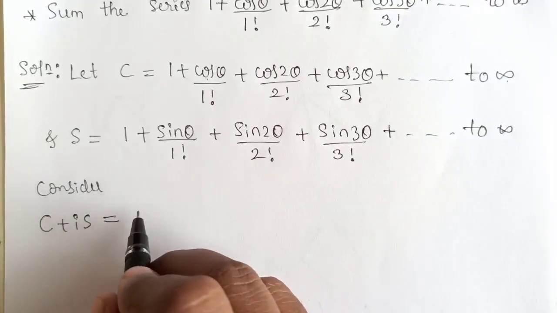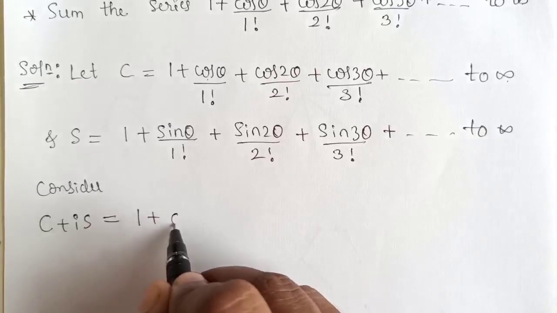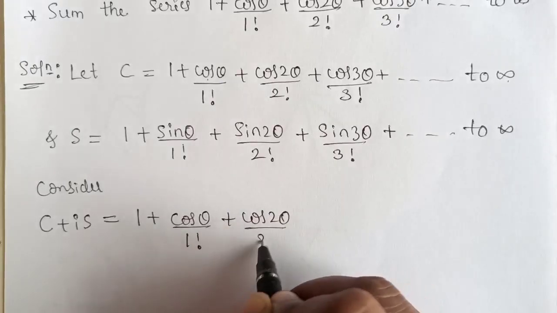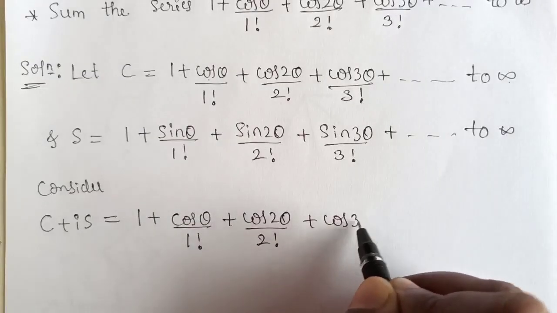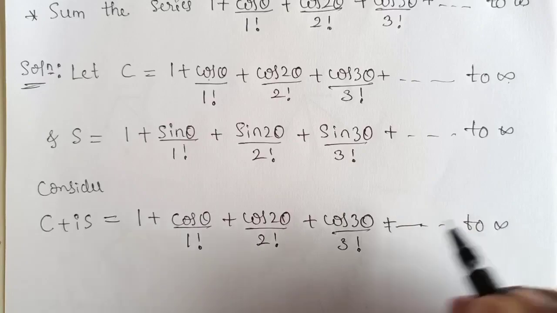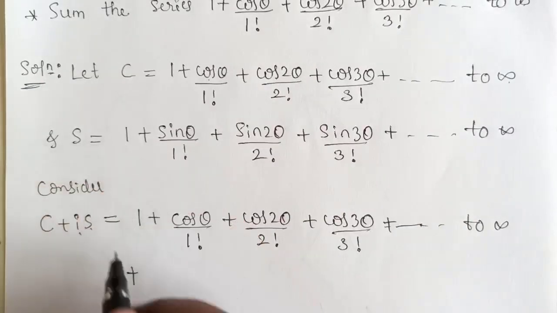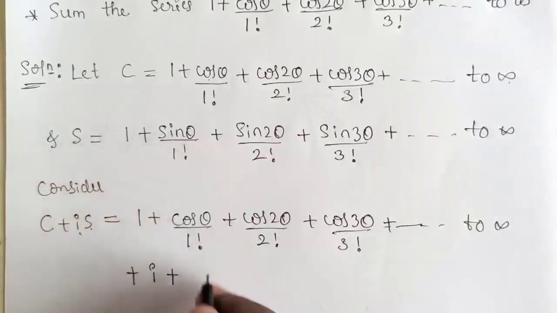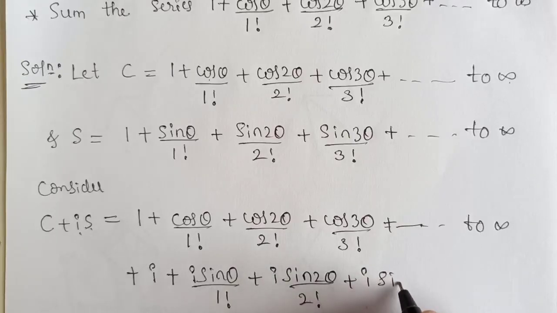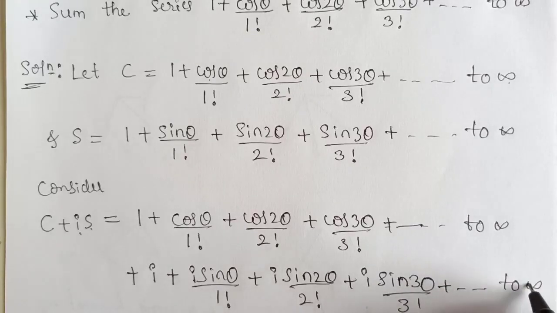First the C series: 1 plus cos theta divided by 1 factorial plus cos 2 theta divided by 2 factorial plus cos 3 theta divided by 3 factorial up to infinity, plus i into the S series, that is i into 1 equals i, plus i sin theta divided by 1 factorial plus i sin 2 theta divided by 2 factorial plus i sin 3 theta divided by 3 factorial up to infinity.